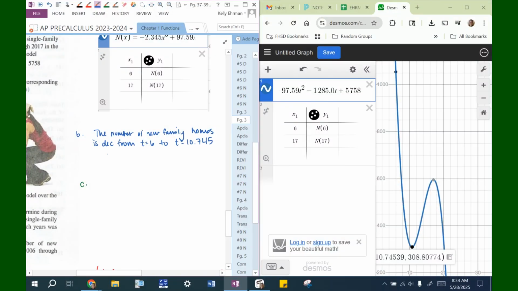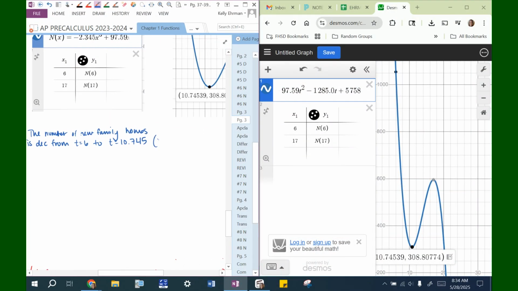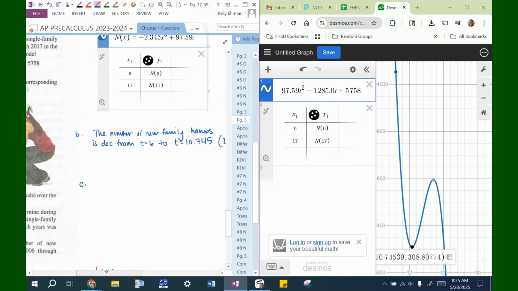Now in parentheses, I'm going to say that means 2006 to 2010. You're still in 2010 if you're at 2010.745, right? 2010 lasts until you change to 2011. So 2006 to 2010.